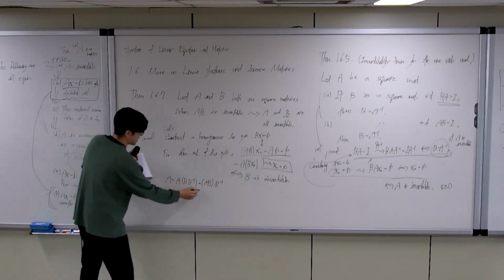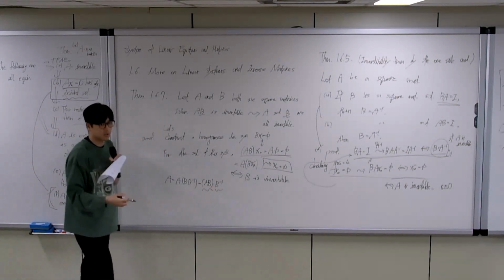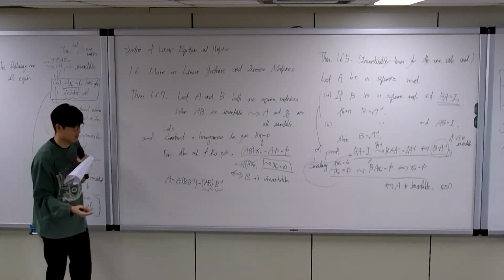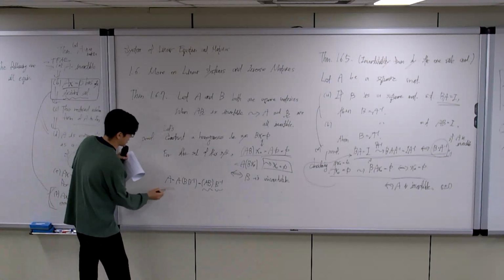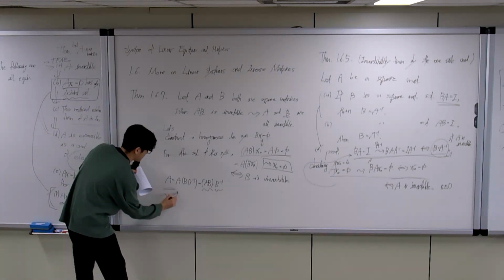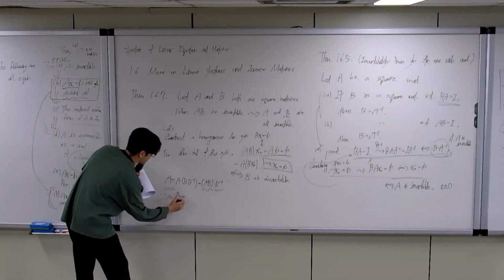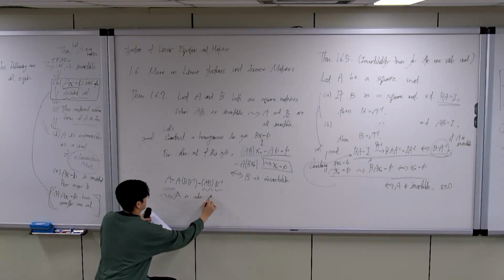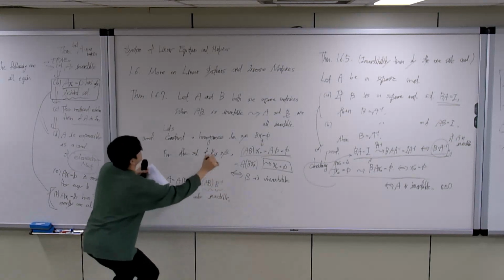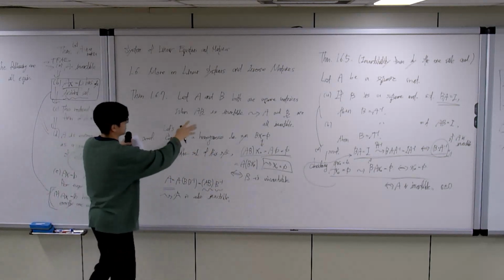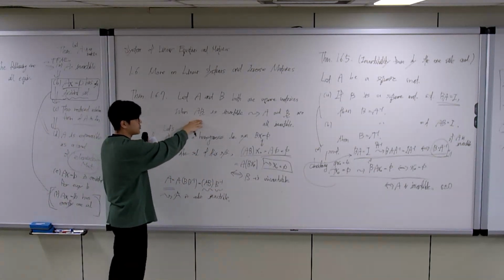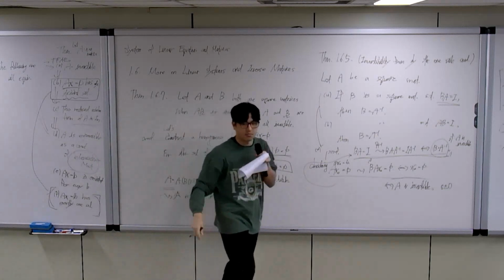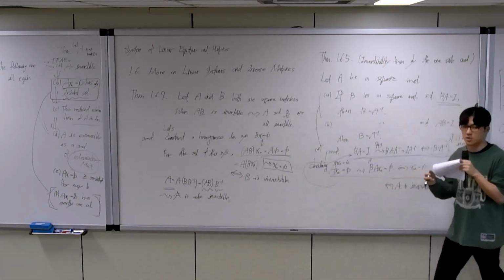So as a multiplication of two invertible matrices, we get that A is also invertible. So if AB is invertible, then A and B are both invertible matrices.